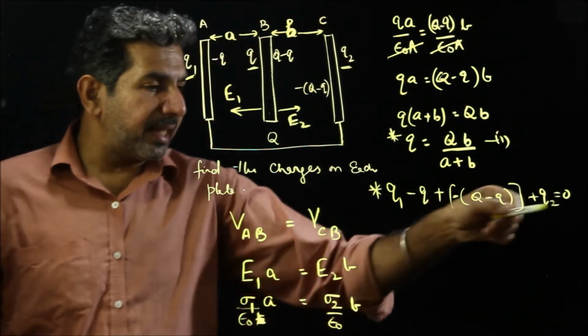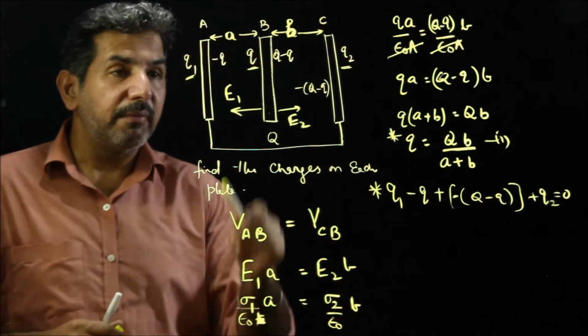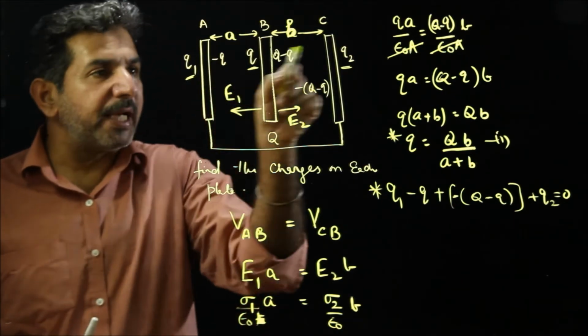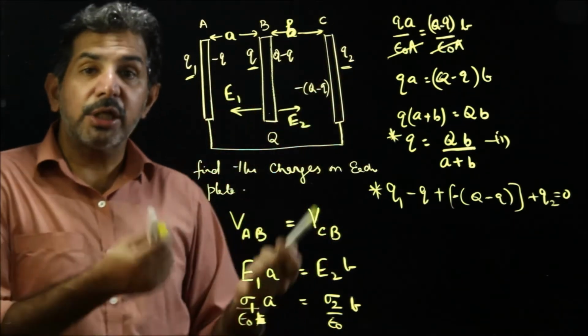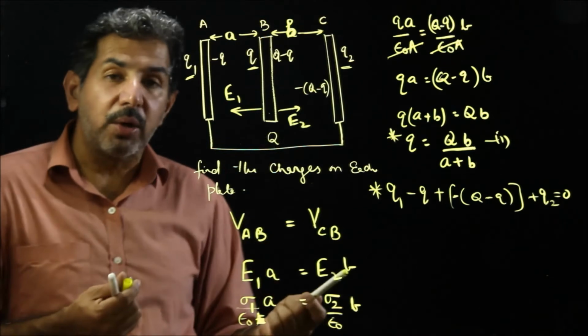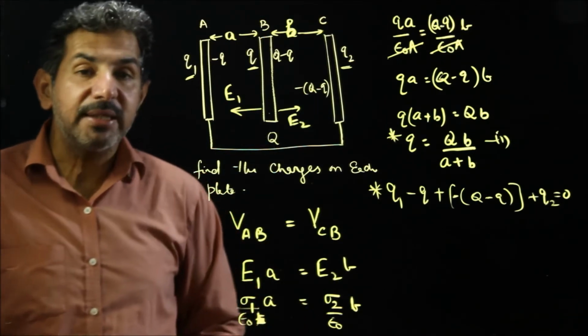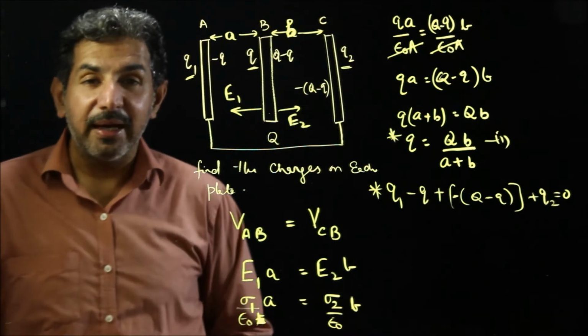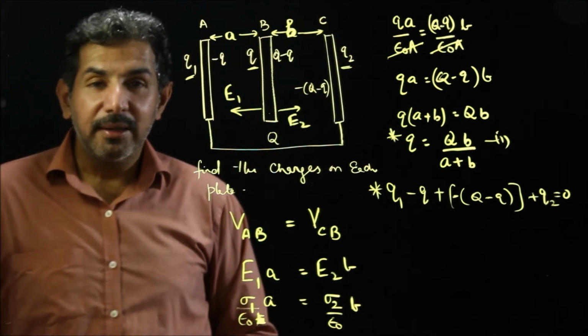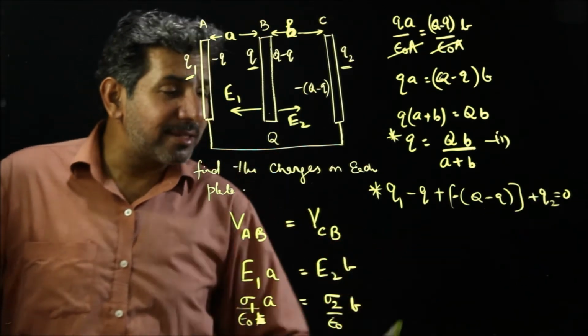Do you agree with this statement? Absolutely. Why? Because these two plates were not having any charge. The initial charge of these two plates was 0. So by the principle of conservation of charge, what can we say? The sum of all the charges is 0, dear.